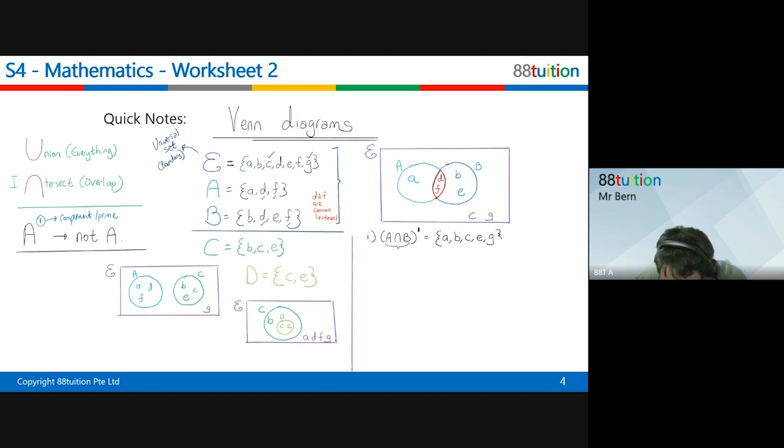Because A intersect B is DF, but they're saying not, I don't want A intersect B. I want the rest. So you have to list out the rest, which is A, B, C, E, G. Not super difficult, right?